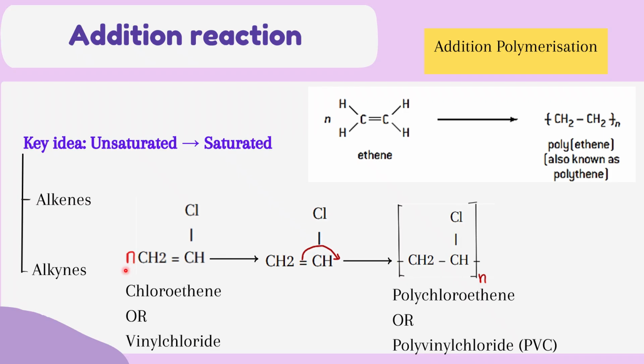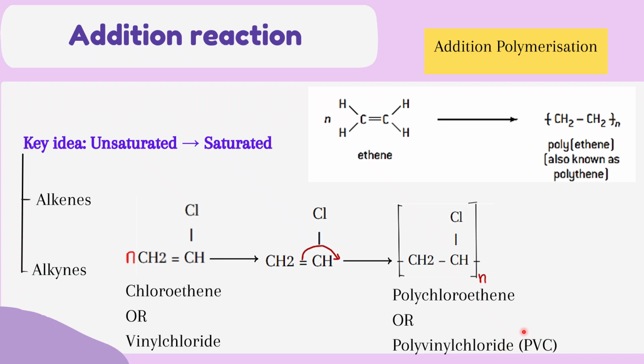As this chloroethene, which we can also call vinyl chloride, undergoes the formation of a monomer, that monomer repeats itself by the process of polymerization to form a polymer. And since this reactant was named chloroethene, its polymer is called polychloroethene, or we can call it polyvinyl chloride.